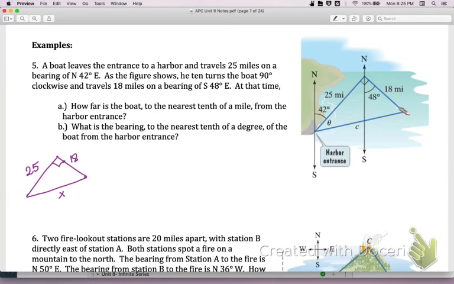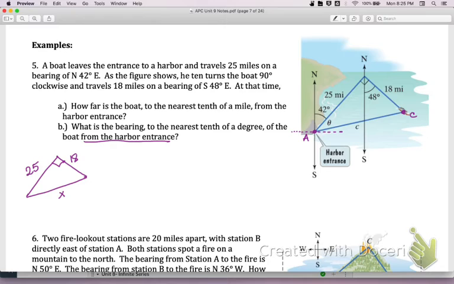All right, now for part B, the question is, what is the bearing to the nearest tenth of a degree of the boat from the harbor entrance? So our starting point has to be the harbor entrance. We said that was A, and we're going to the boat, which again, we were calling C. Okay, so we want the bearing from A to C. Now, again, we have to imagine here's where our east-west line is.